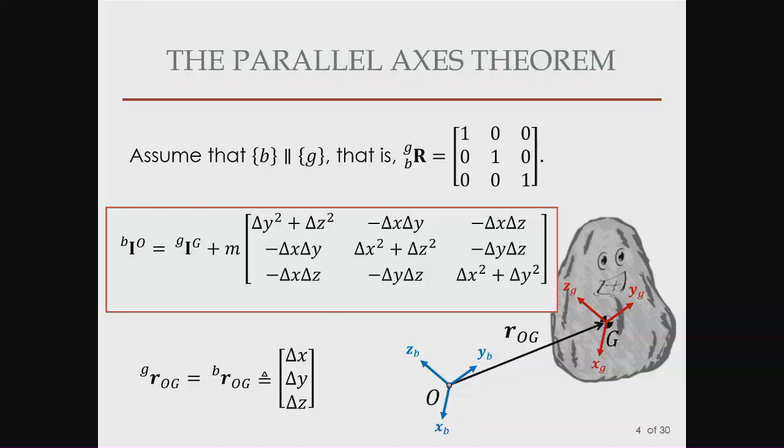Because you are using essentially the same axes, you will need to express this vector ROG in that same frame F. So this is what this formula is useful for. It is plus the mass of the rigid body times this matrix, which, just in short, because I don't have a good name for it, I'll call the distance matrix.